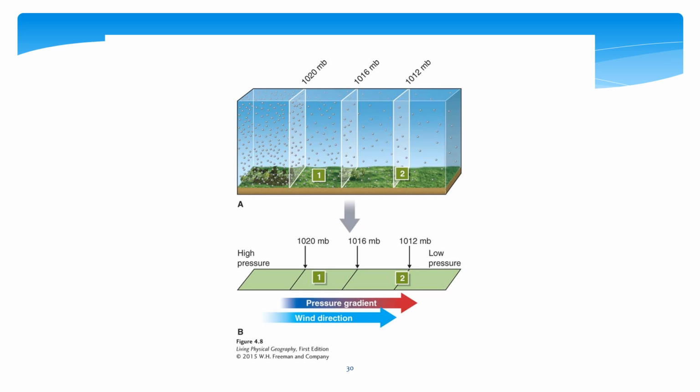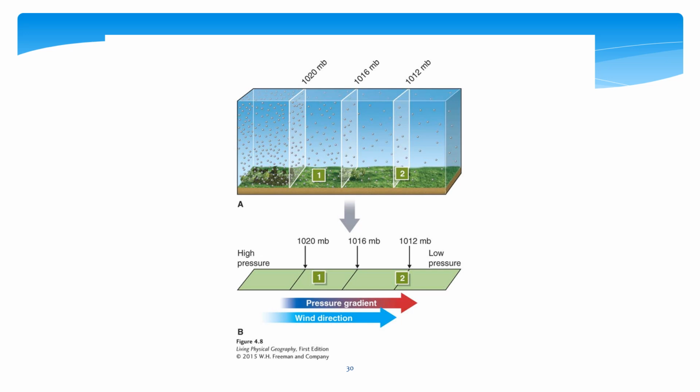We do that by seeing how much distance we have in between those isobar lines. Because if you think about it, if we go from our very far left-hand side to 1020 millibars, and that took a long distance, then the pressure changed gradually.